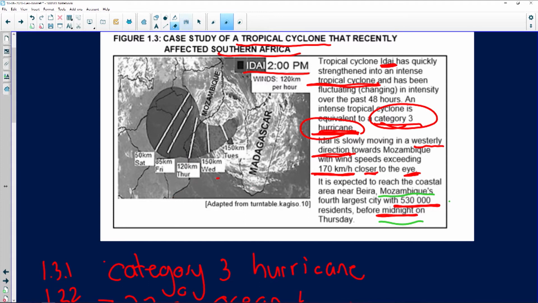Okay, so there's quite a lot of information being given to us. There is the eye of the tropical cyclone. Okay, I've mentioned that. So the worst storm will be experienced in the southwestern quadrant. It's this quadrant over here. Why? Because it's moving in that direction.